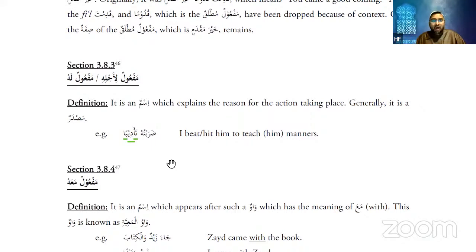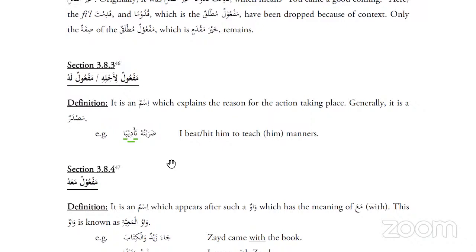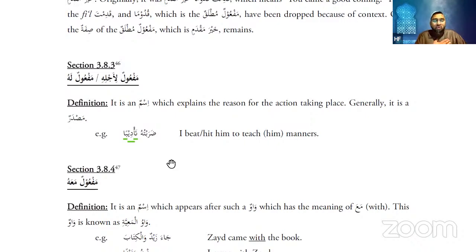But you will know that whenever a pronoun is attached to a verb, it is in the accusative case. It's not showing. That's right. I hit him, I ate it. Whenever they come, they're always in the accusative case.